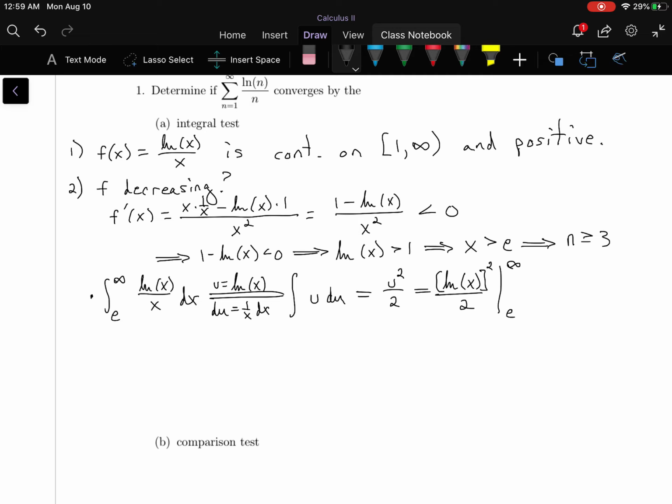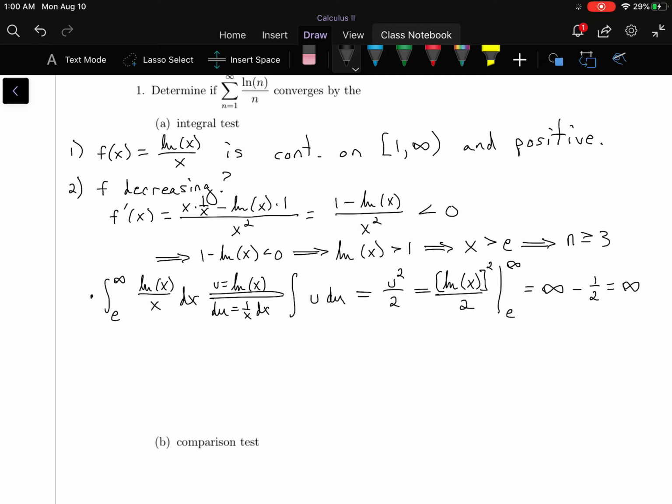What we have is the natural log of infinity, which is going to end up being infinity, minus the natural log of e, which is 1, or 1/2 after squaring and dividing. But no matter what you subtract, this is still just infinity.